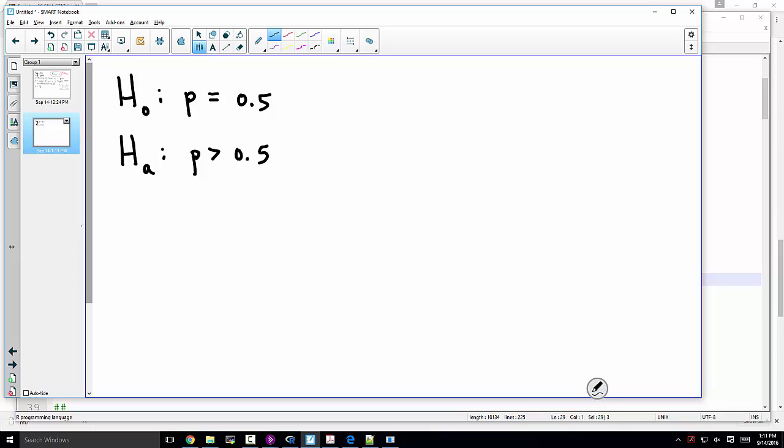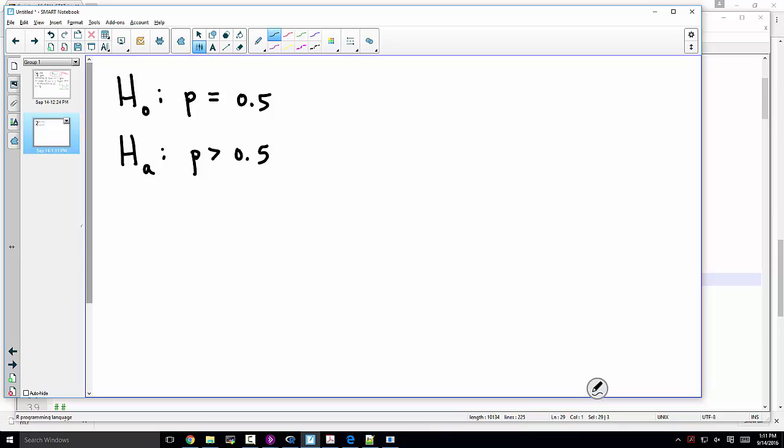When we do hypothesis testing, we're trying to make a decision based on the data. To make a decision, we formulate things into two competing hypotheses. The null hypothesis is what you believe prior to seeing evidence to the contrary. It's the boring status quo, nothing to see here hypothesis.